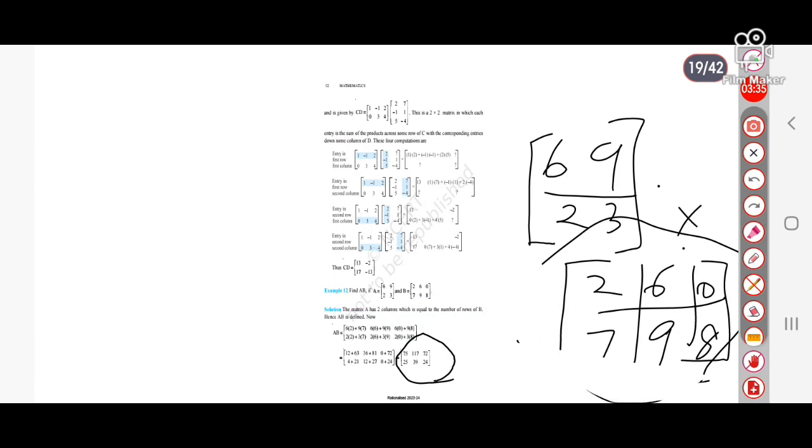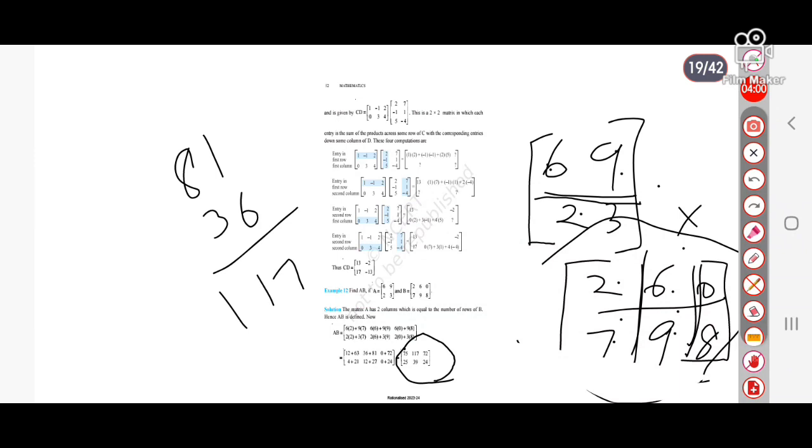Now this row should be multiplied with all 3 columns, and the next row should be multiplied with all 3 columns. So 6 into 2 is 12, 9 cross 7 is 63, 12 plus 63 gives us 75. Similarly 6 6s are 36, 9 9s are 81, 81 plus 36 is 117. 6 cross 0 is 0, 9 cross 8 is 72, so 72.